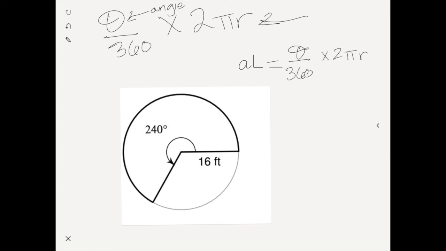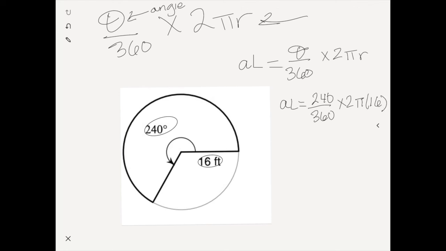times the radius. Here we can see our radius is 16 feet and our theta is 240 degrees. So we're just going to plug it in. We have AL is 240 divided by 360 times 2 pi times 16.